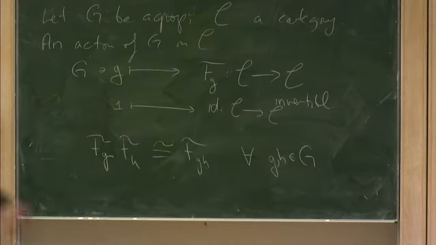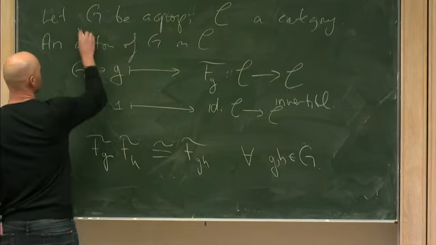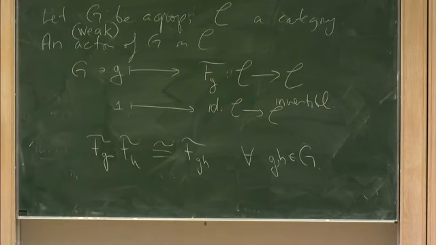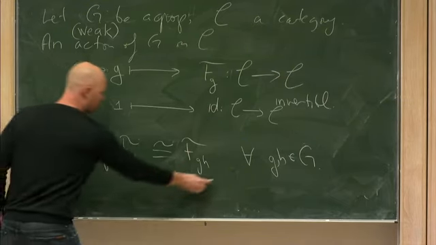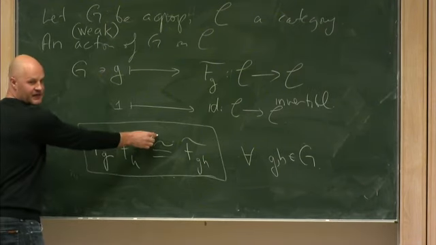Okay. So this is a definition. This definition is sometimes called a weak action of G on C. So why is it a weak action? It's a weak action because I've demanded this condition, but I have not specified the isomorphism.